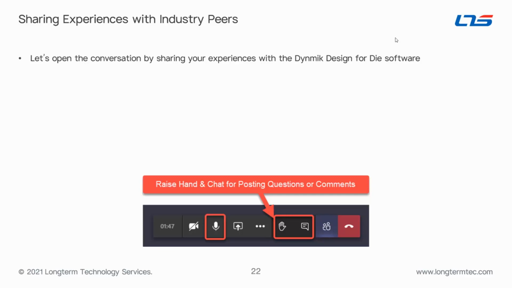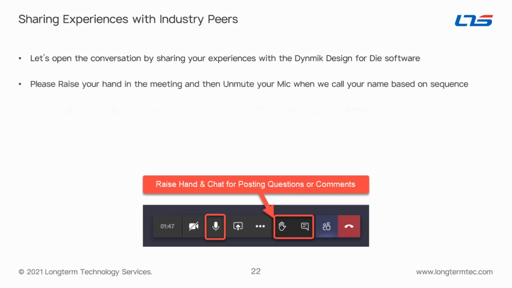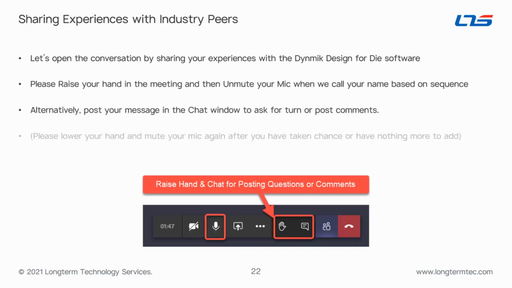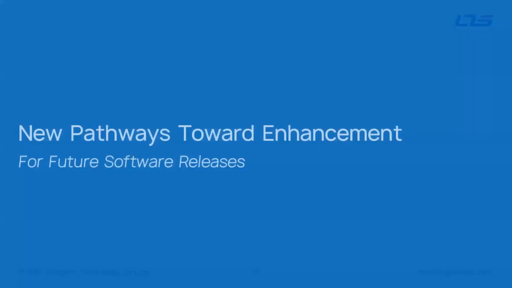Okay, we've got a few minutes left. I'm still happy to hear any questions. Another area we were interested in looking at was new pathways toward enhancement. This is something more along the lines of a wish list.